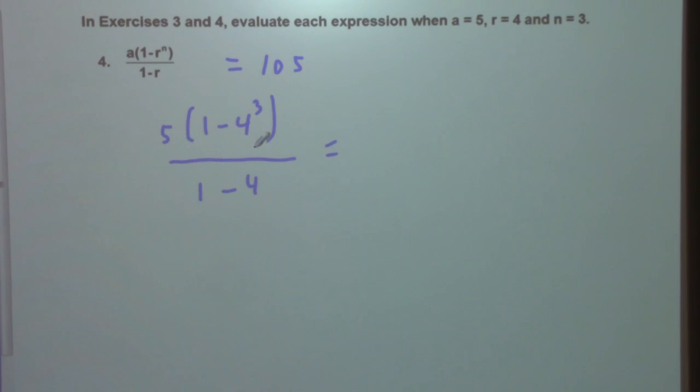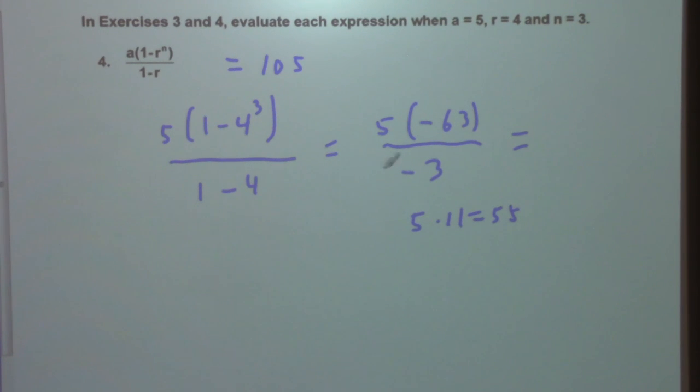So we have 5, and 4 to the third power is 64, and 1 minus that is negative 63, and then 1 minus 4 is negative 3, and you work that all out, you'll get 5 times 11, which equals 55, okay?